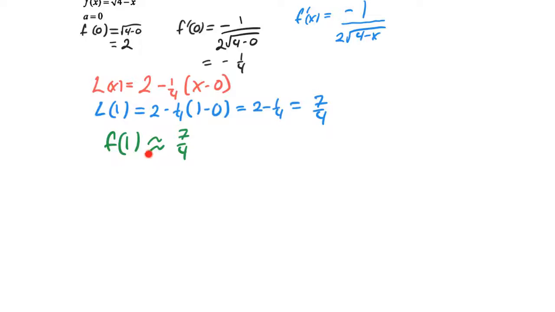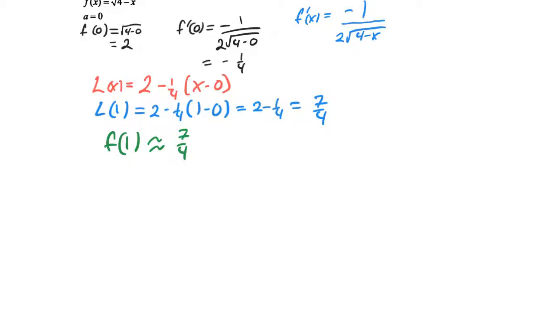Right? It is important to have the approximation here. All right, everybody clear on that? L of x is equal to this expression, so L of 1 is equal to 7/4, but L of 1 is simply an approximation of f of 1. So f of 1 is not equal to 7/4, it's just close to 7/4. Okay?